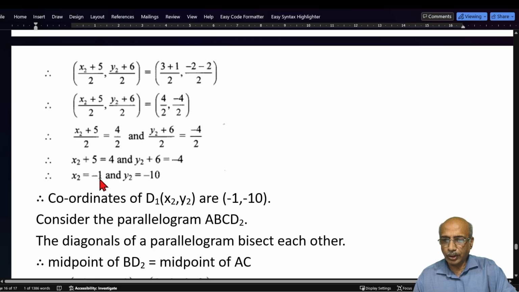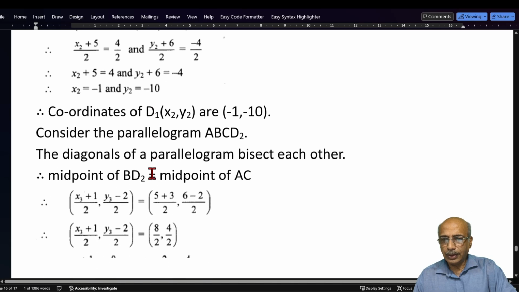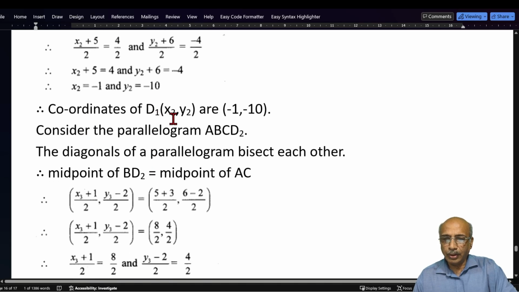So x2 equals minus 1. Similarly, here also (y2 plus 6) upon 2 equals minus 4 upon 2. Denominator 2 gets cancelled. What is left? y2 plus 6 equals minus 4. Therefore, y2 equals minus 10. Coordinates of D1, x2, y2 will be minus 1, minus 10.